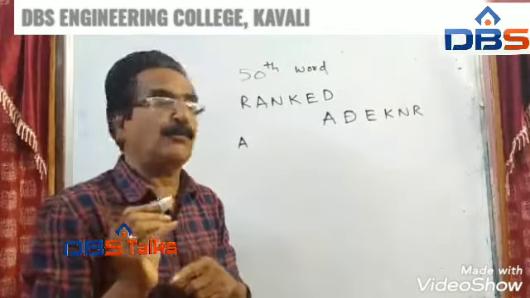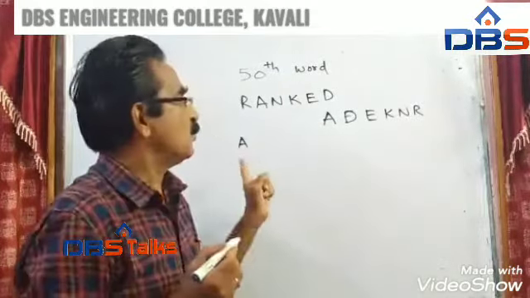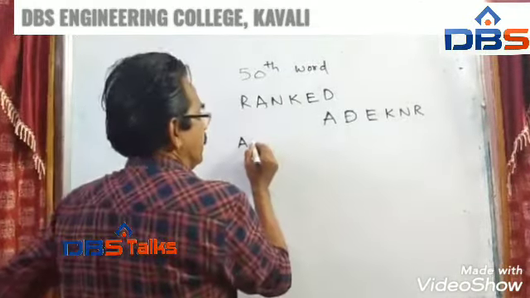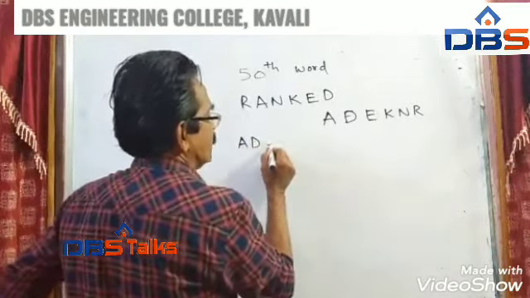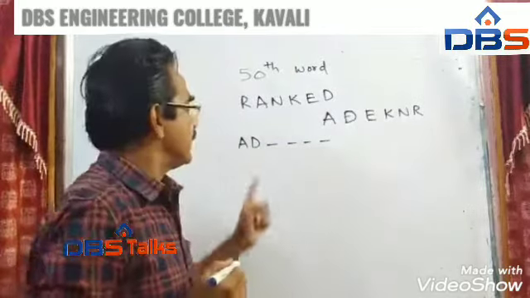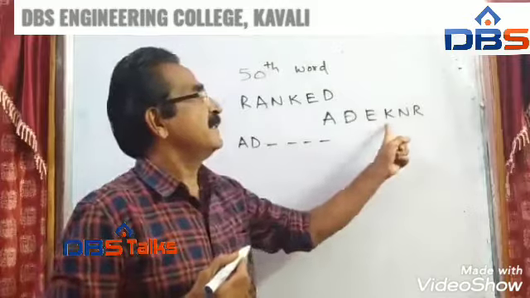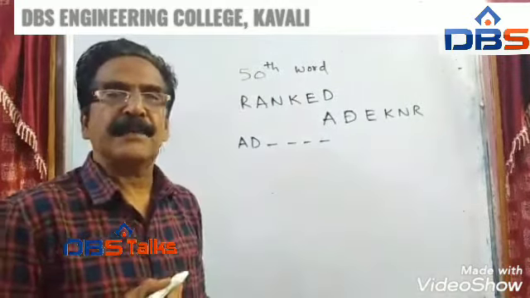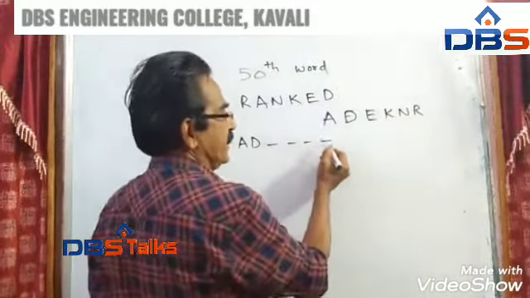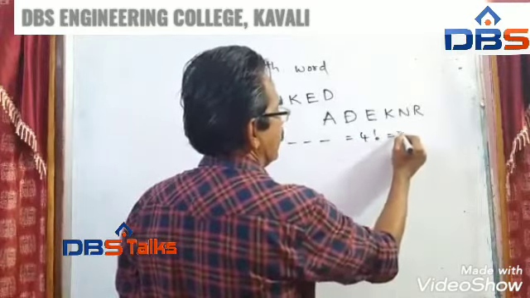But we want only the 50th word. So we have to take 2 letters. So the first 2 places are fixed with AD. Then the remaining 4 letters can be filled in the 4 blanks in 4 factorial ways. That is 24.